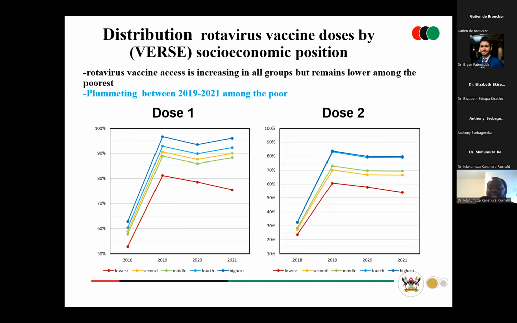And we also see that between 2019 and 2021 there are some drops in immunization utilization. We don't know, of course, maybe we need to check if that could be due to COVID and other shocks.